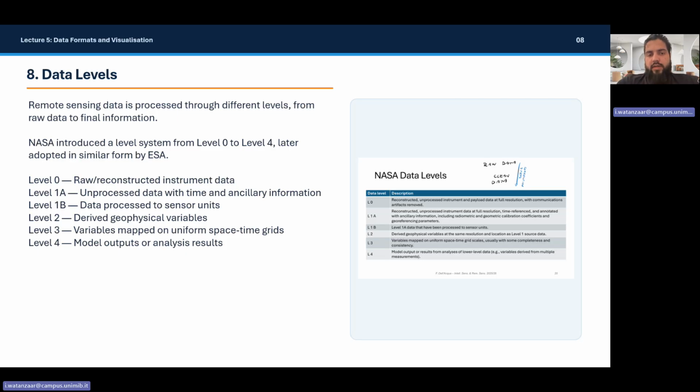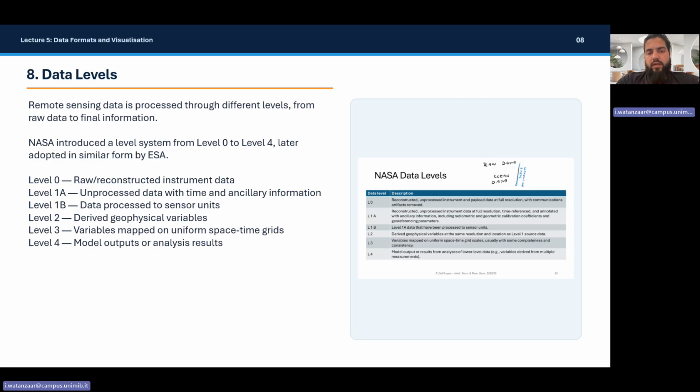Each level represents something specific. Level 0 in the NASA data level format is the raw, unreconstructed instrument data. The instrument is exactly the sensor we are discussing. What is collected by the sensor in raw form, reconstructed from the electromagnetic wave, is level 0. Then level 1A is unprocessed data with time and ancillary information.